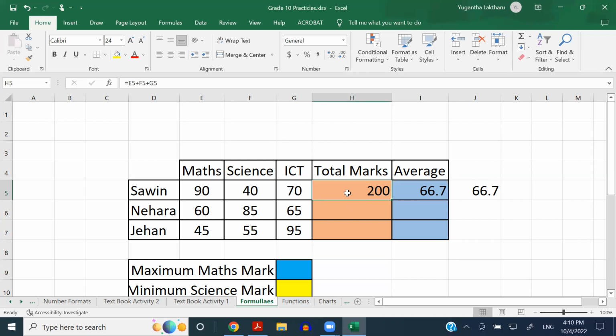So how are we going to have the total marks for Nehara with minimum effort? What can we do? We can select the H5 cell, select its fill handle, and you can simply copy it over here.